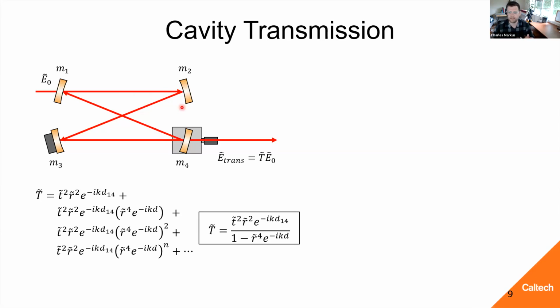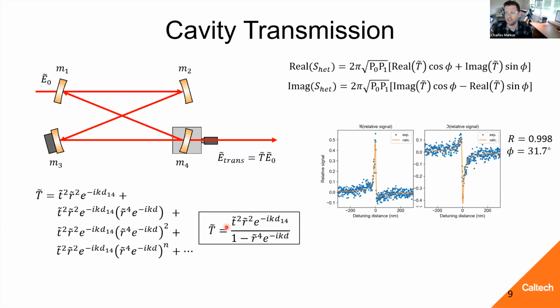And so from this, we can get this nice analytical form of the transmission of a bow tie cavity, which has some subtle differences from the example of a linear cavity. And from this, we can calculate our heterodyne signals, which are going to be a combination of the real and imaginary components of this transmission coefficient. And here we're looking at the transmission of 1 comb tooth.